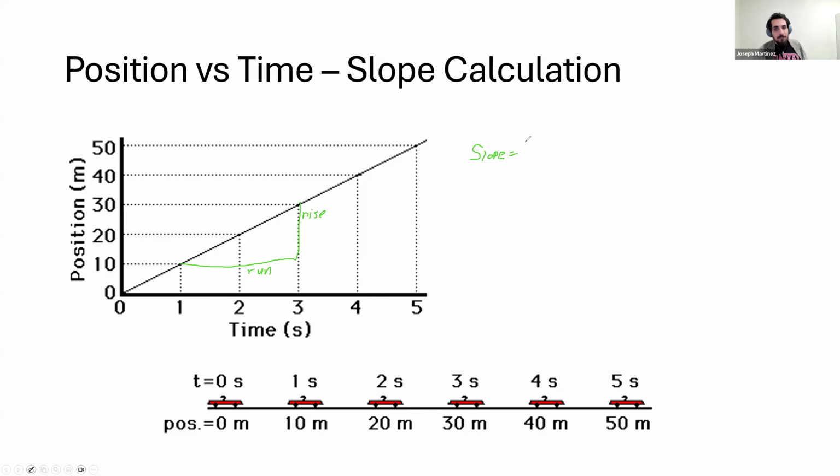Those two things are related by the slope. The slope is the rise divided by the run. This is the mathematical definition for slope.